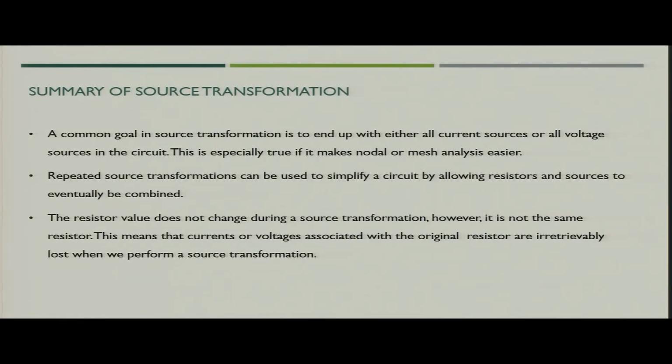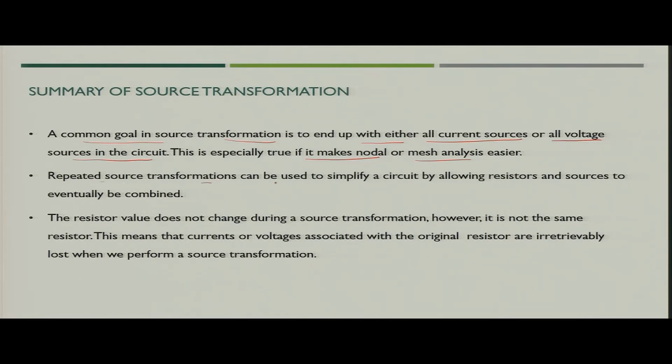Now in summary, we can say that the common goal of source transformation is to end up with either all current sources or all voltage sources in the circuit, so that we can easily apply our nodal or mesh analysis.